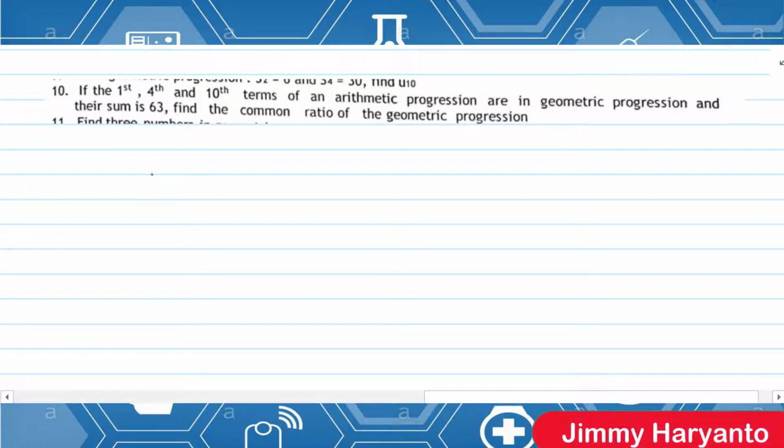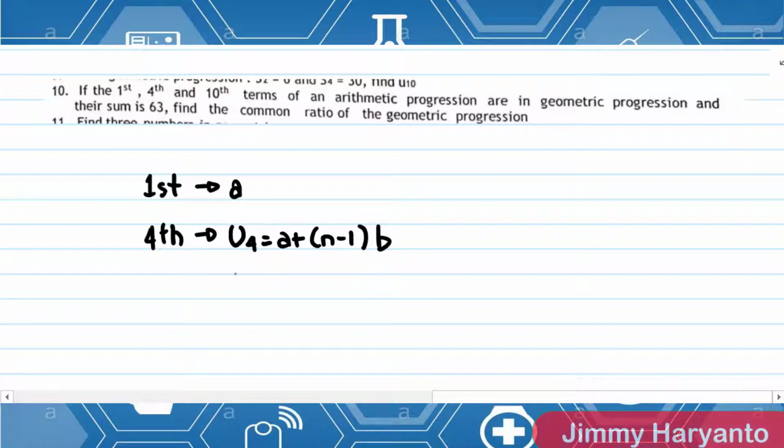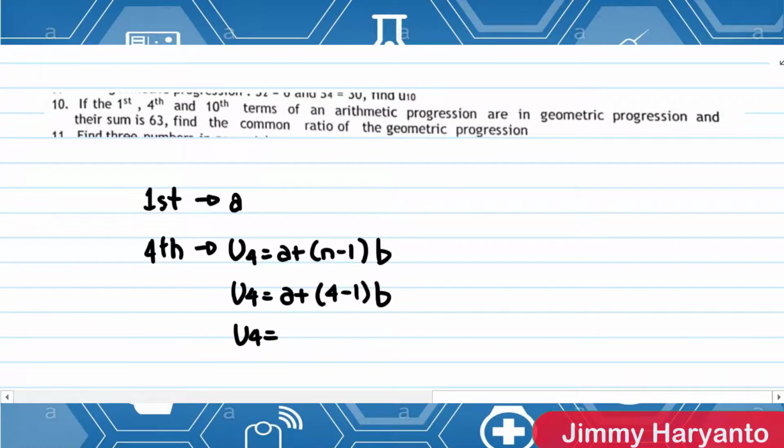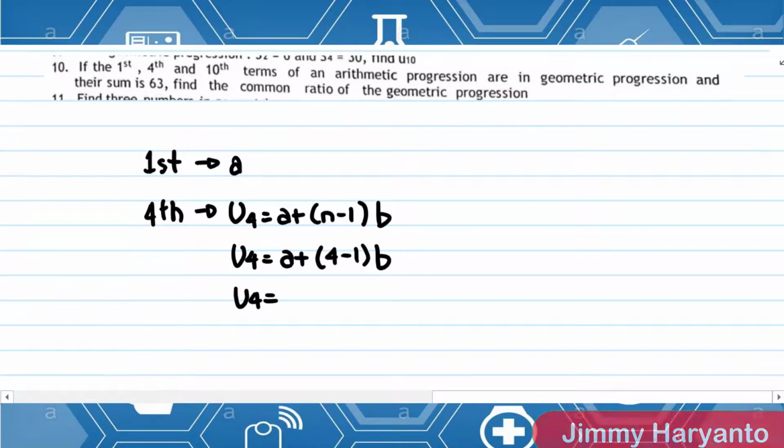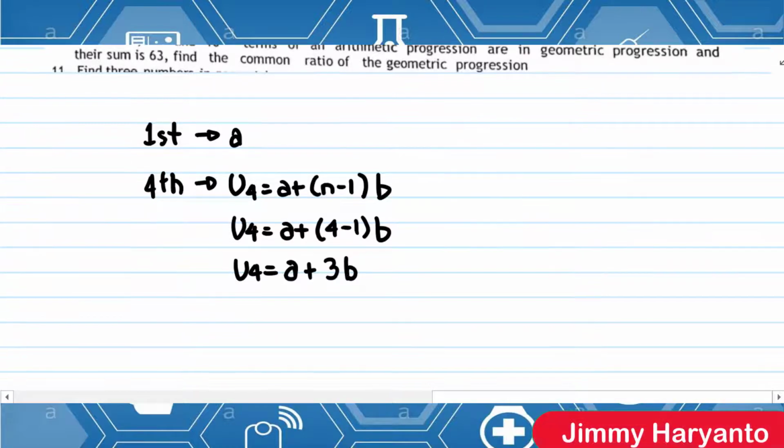The first term is considered as A, and for the fourth term, using the formula un equals A plus n minus 1 times B, we have u4 equals A plus 4 minus 1 times B. So A plus 3B, this is u4.